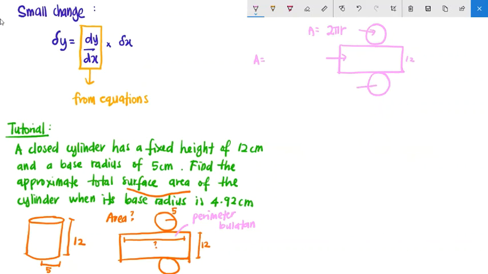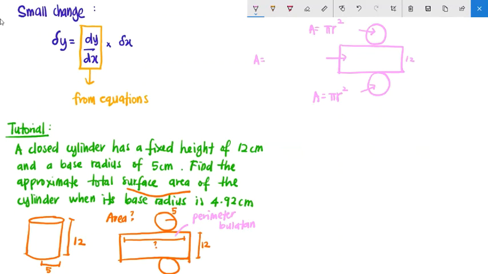Okay, yang ini pun 2 pi r. Okay, cari dia punya panjang ni dulu. Sorry, saya salah. Luas bulatan ialah pi r square. Sorry, saya tak perasan. A is equal to pi r square.